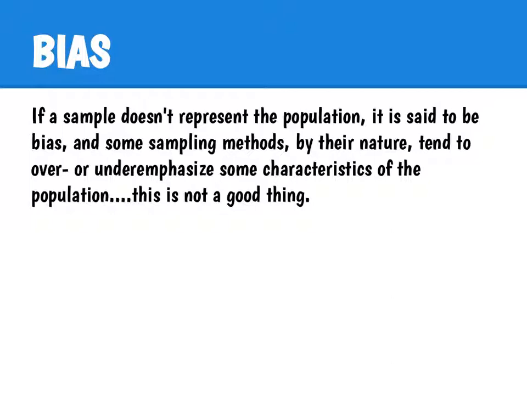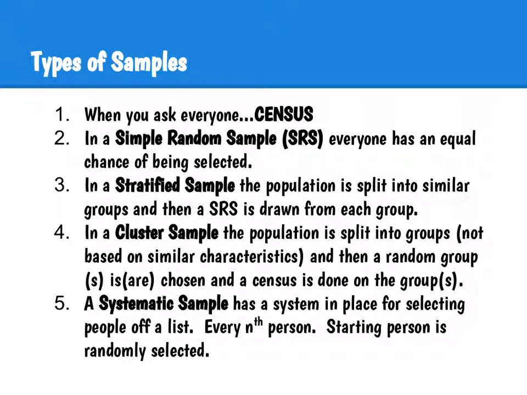Again, if a sample doesn't represent the population, it's biased. We'll get to that. And then these were the 5 types of samples that we did. Okay, everyone is a census. SRS, everyone has an equal chance of being selected. Stratified, split into similar groups and then do an SRS.